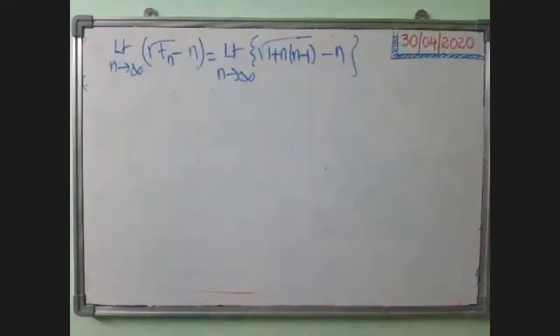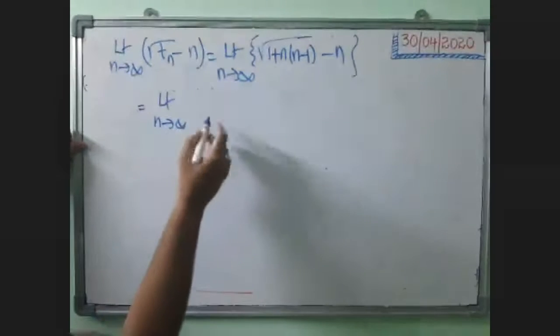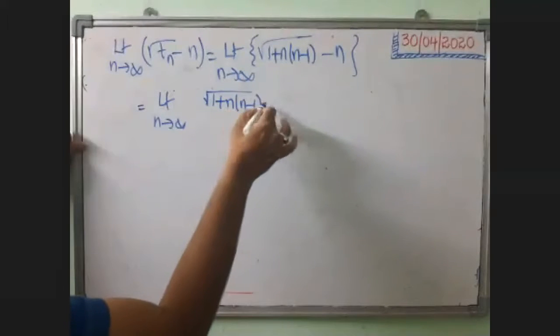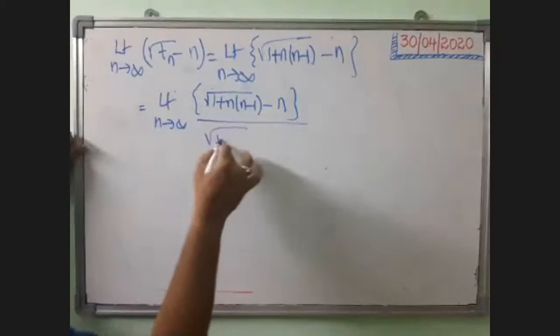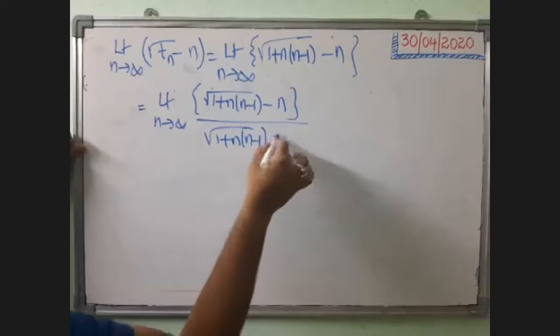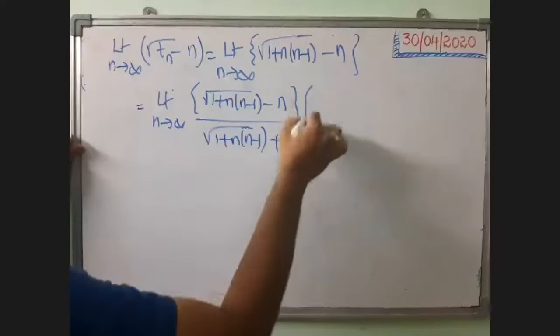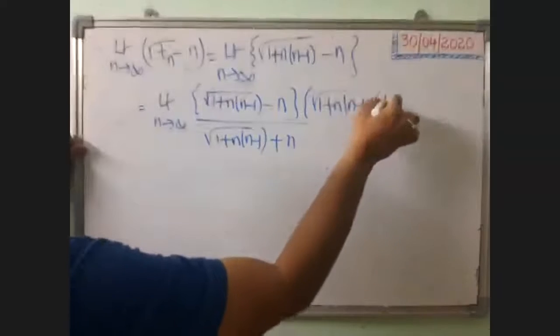Why? Root is irrational. So this is limit n tending to infinity of root of (1 plus n) into (n minus 1) minus n, divided by root of (1 plus n) into (n minus 1) plus n.